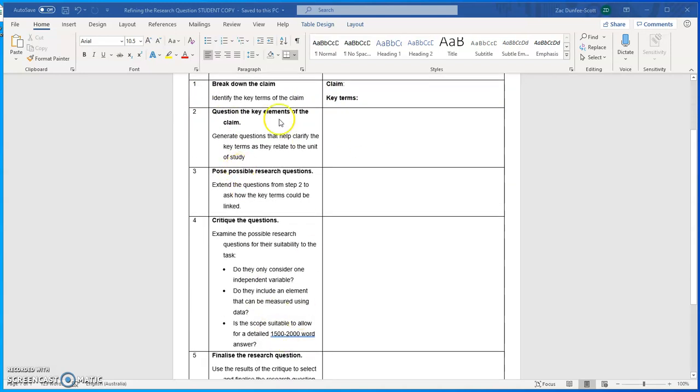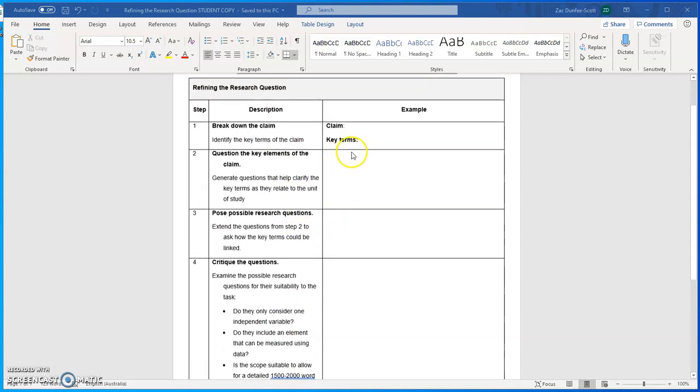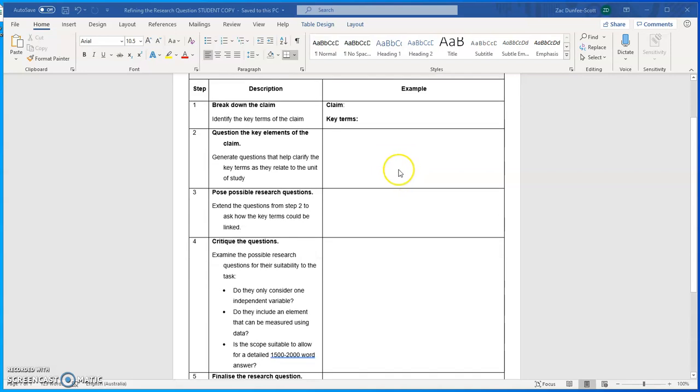Basically, turning a claim into a research question has steps, and here we have 5 steps. The first step is putting down the claim and breaking down its key terms. We then write about the key elements from those key points and pose any questions we can think about those key terms.